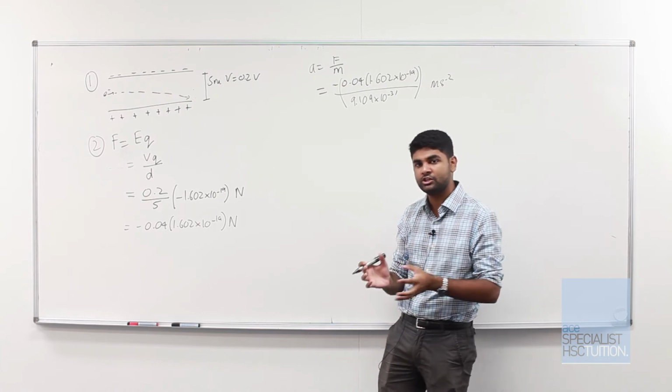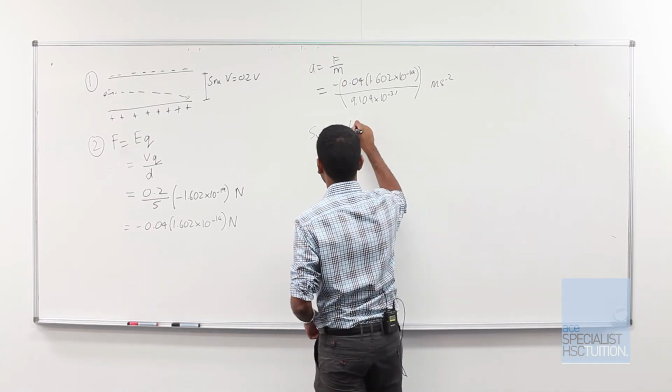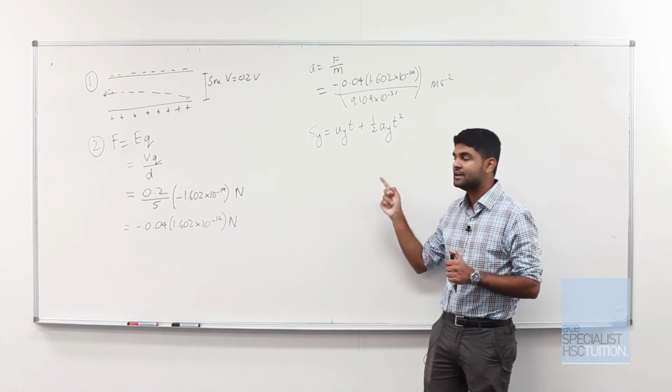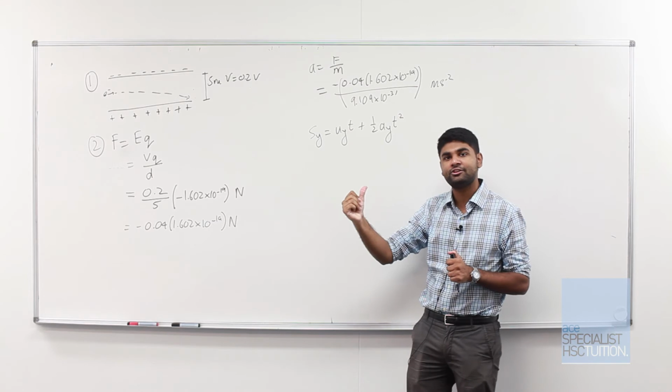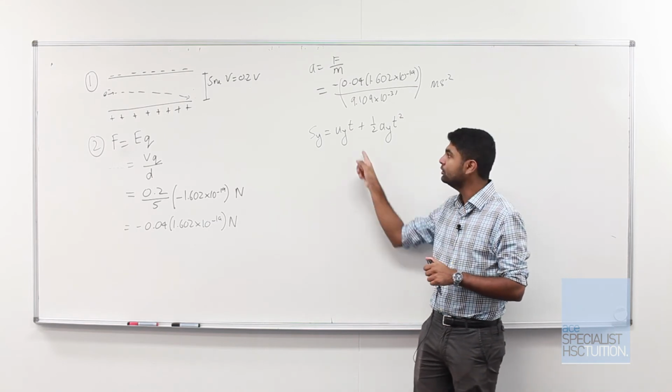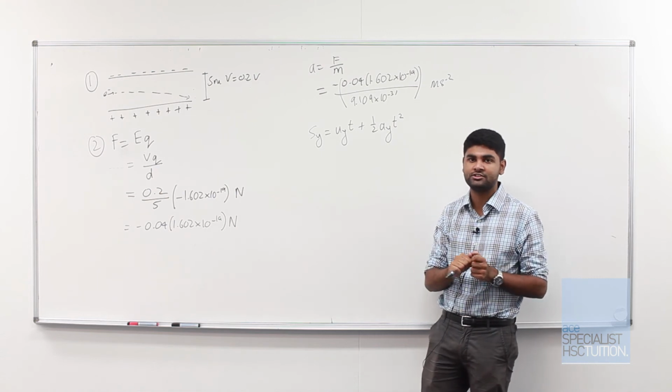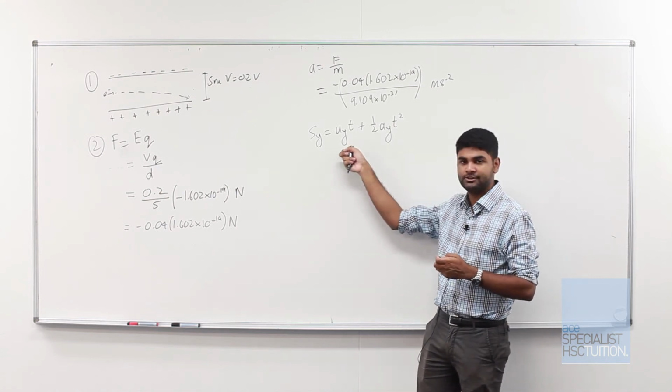So the equation we use is, so that there is the equation we use. Now, because the electron is entering horizontally, there is no u_y, or there is no vertical component to its initial velocity. As a result, this is 0.